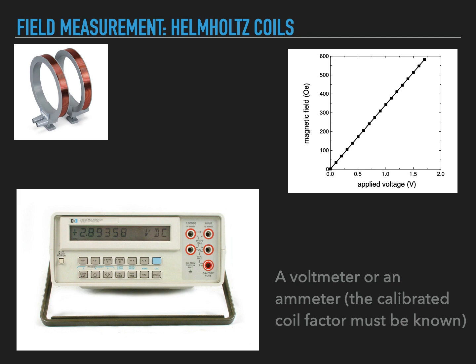You also need to know the calibration factor of the coils, because you must be able to convert the applied current or the driving voltage into a magnetic field. But this calibration can be done once for all. The only equipment that you need after calibration to know the applied field value is a multimeter to measure either the voltage or the current used to drive the coils.